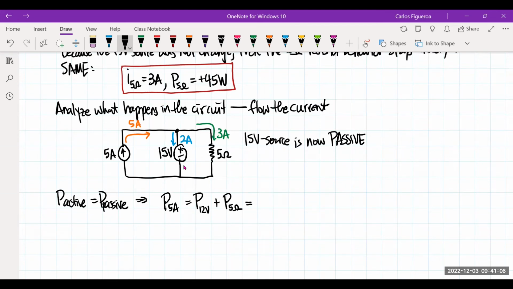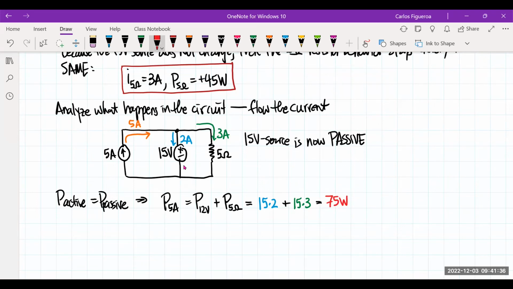So this guy is going to be 15 times 2. And then my resistor is going to be 15 times 3. So when I look at this number here, this tells me that the 5-amp power supply now supplies 75 watts of power.